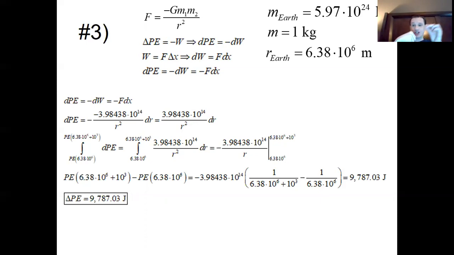A change in position is a change in radius. So in this context, dx and dr would be the same thing. Change in position is the same thing as changing the radius I am away from something.